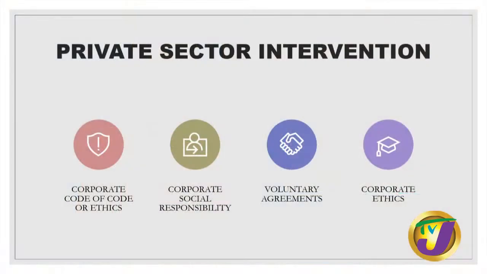Now, the main private sector intervention strategies that would be highlighted in your syllabus include corporate code of conduct or ethics, corporate social responsibility, voluntary agreements, and corporate ethics. So essentially, it's whatever regulations or policies the organization can voluntarily agree to or set up within their operations to ensure that they are operating in a way that is efficient.